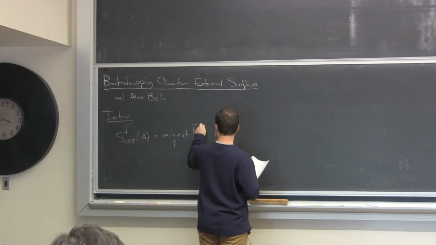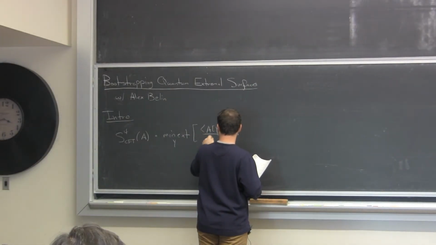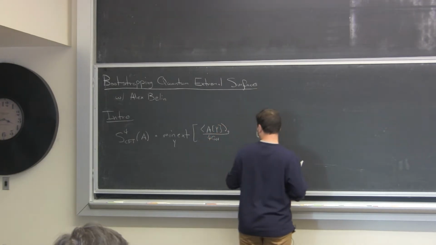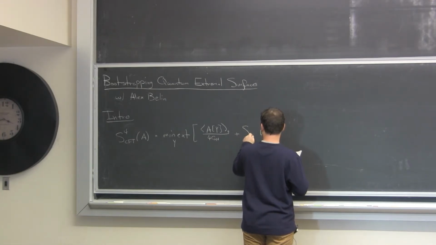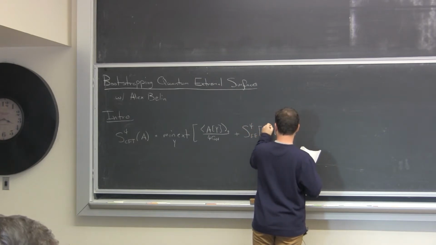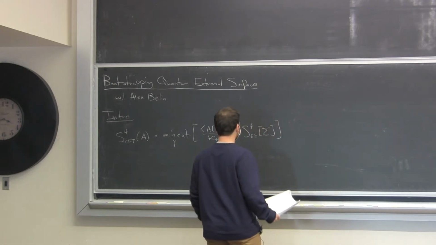So we consider the area operator in the state psi for some codimension 2 surface gamma plus the bulk entanglement entropy of quantum fields bounded by this surface gamma and the boundary.